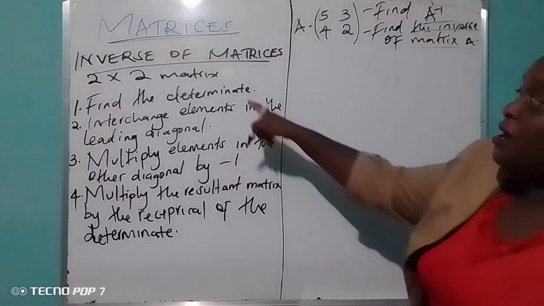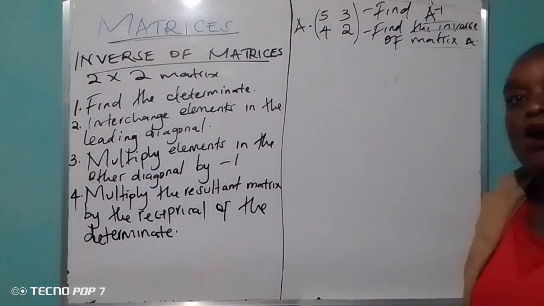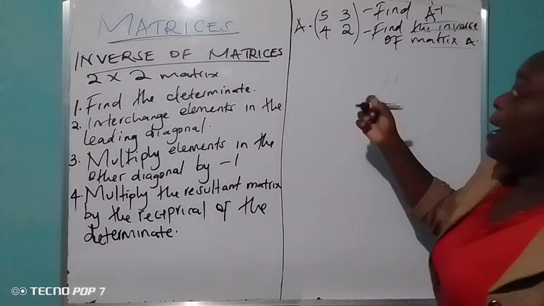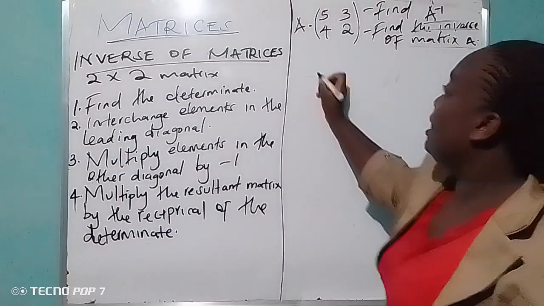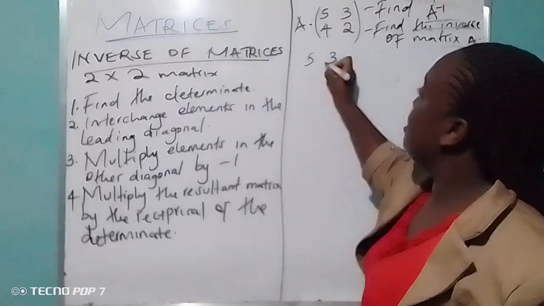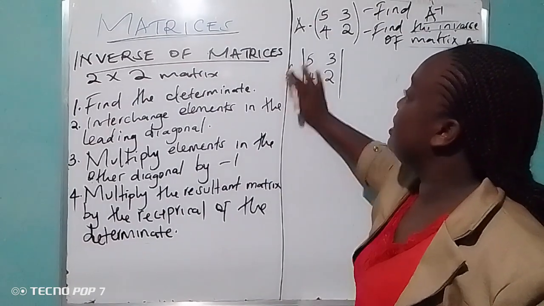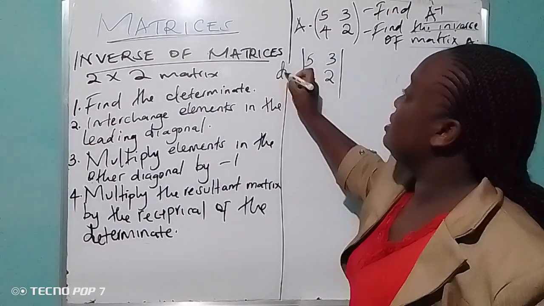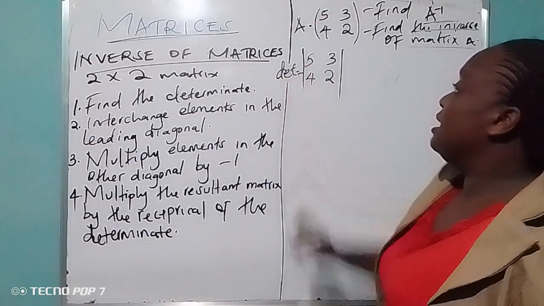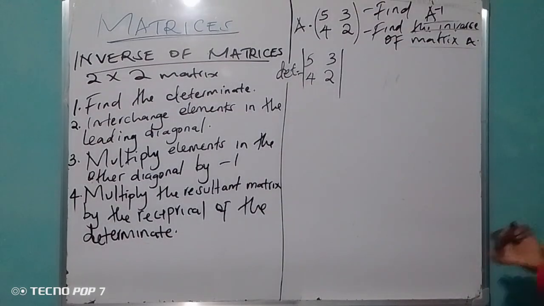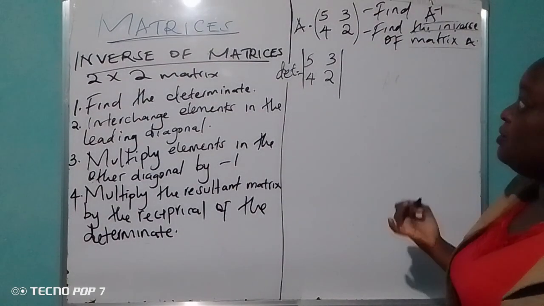So the first step, find the determinant. We know how to find the determinant. It is 5, 3, 4, 2. The determinant can be written as det. So find the determinant of that.